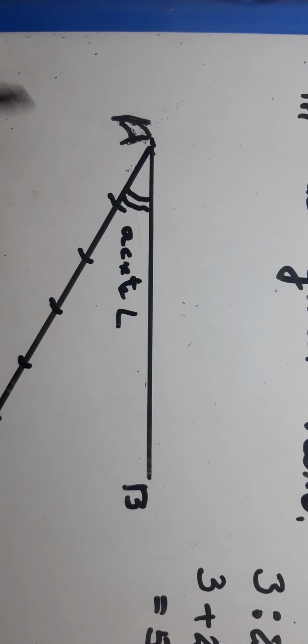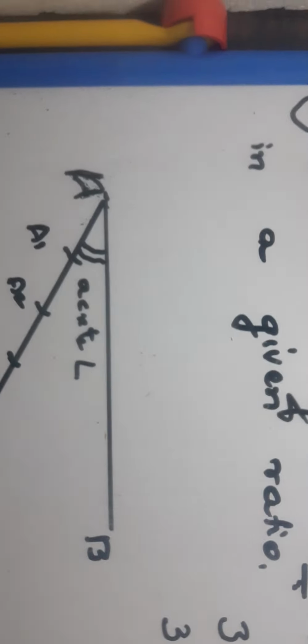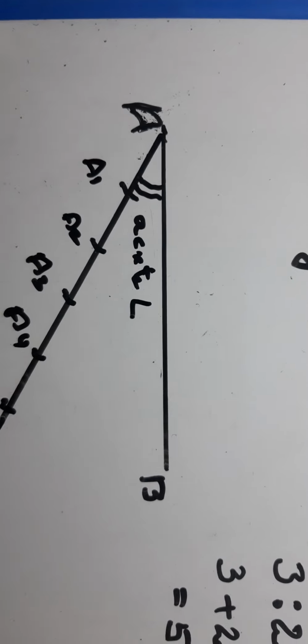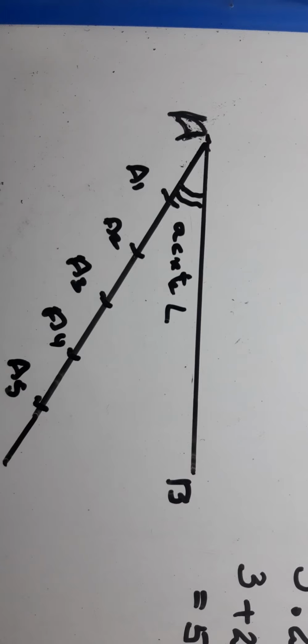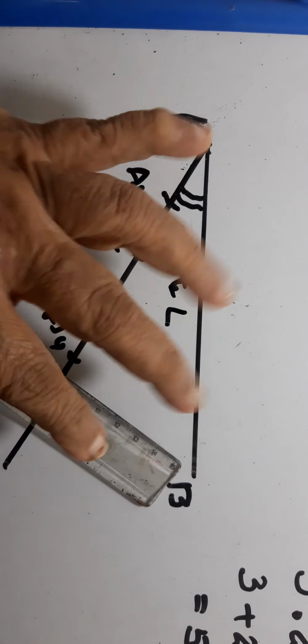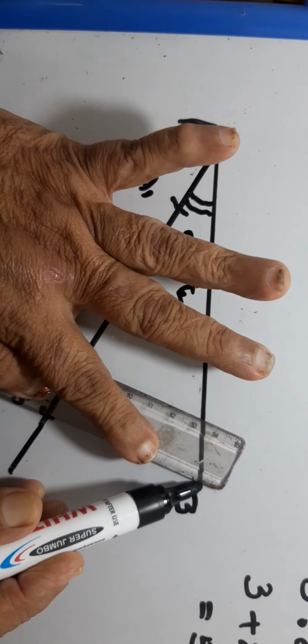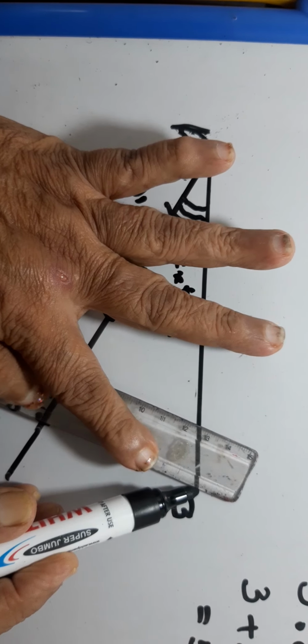Then you name them A1, A2, A3, A4 and A5. Next you have to join this A5 to B. I am going to join B with A5.